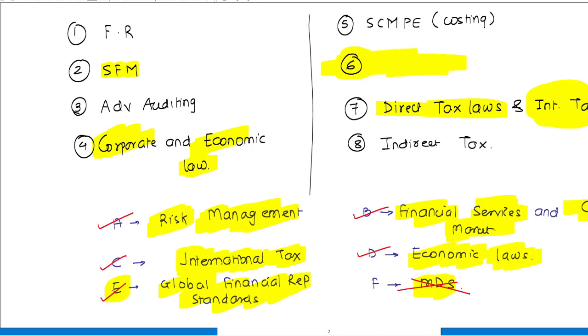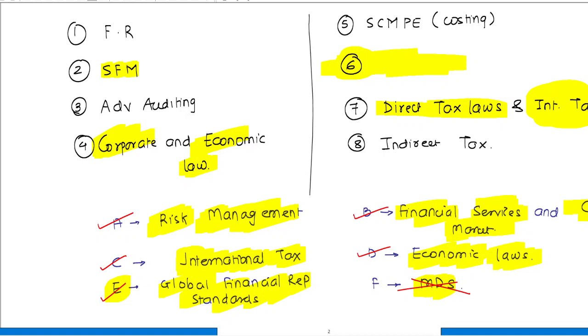Now, people choose among these subjects on the basis of the previous attempt. They ask last year's students, or students who appeared in the last examination, which paper was easy. Some say risk management was easy, some say financial services and capital markets, some say international taxation.